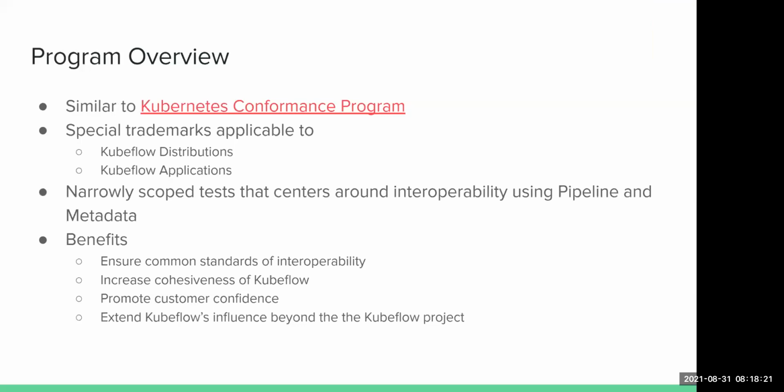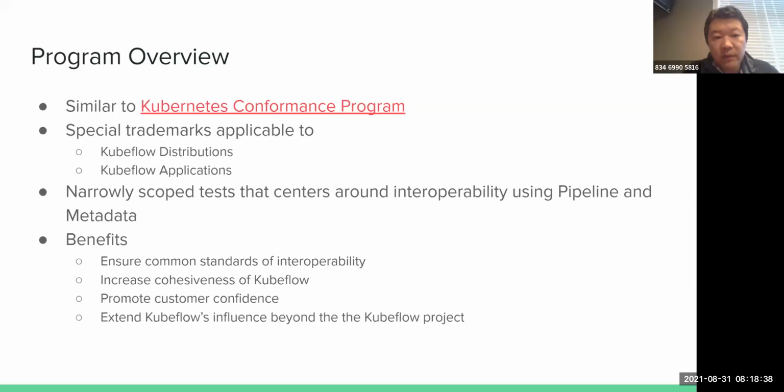So if I want to make a recommender system using Kubeflow and also using NVIDIA Merlin, and make it open source later, would I need to make an application to use the Kubeflow trademark for that? Let's see. Are you releasing a product, or what is the form factor?